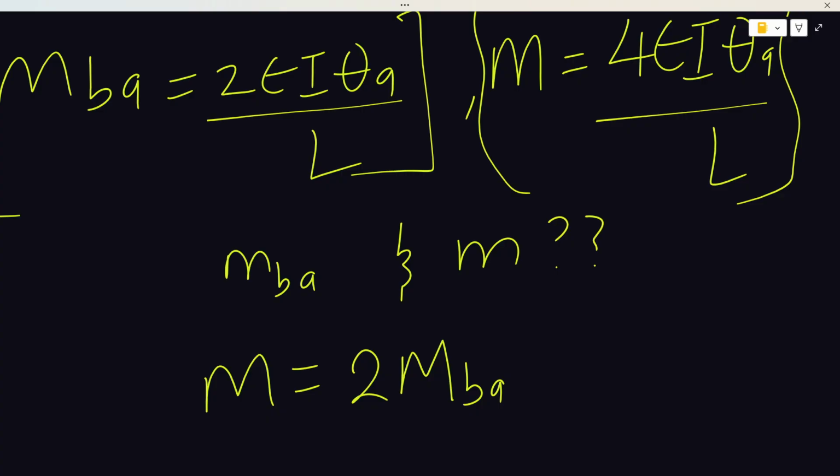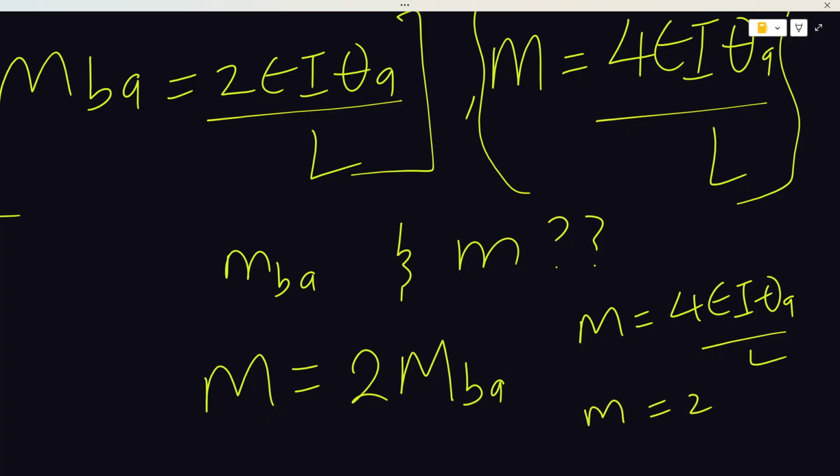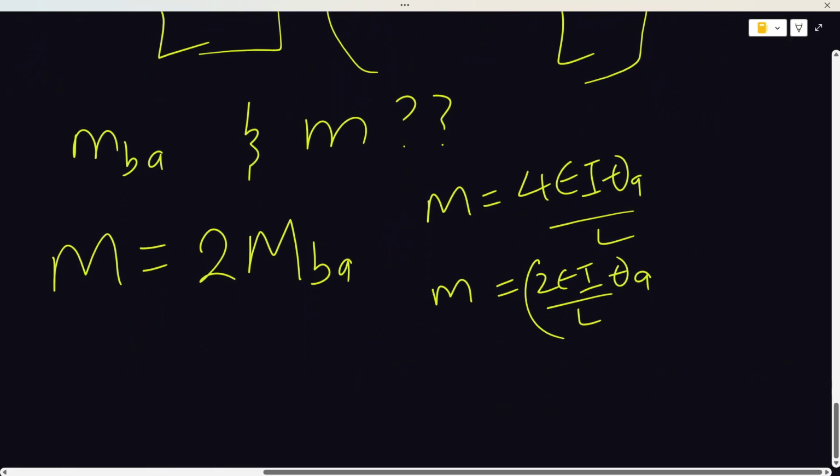Can you see? Because M is 4EI theta A over L, but MBA is 2EI theta A over L. So I've seen something, so I can form an expression based on what I've seen. Remember, M is 4EI theta A over L, and that's 2EI over L theta A, this for MBA, times 2. Do you get?